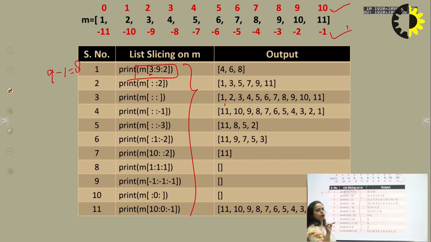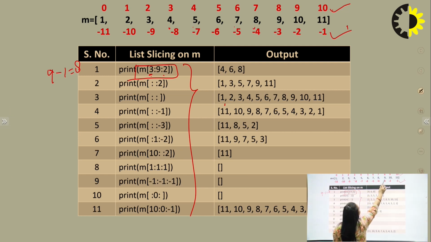We have to stop at 8, so this will work from 3 to 8, taking a jump of 2. That means skip one element and jump to the next element. So the first element will be at index 3, which is 4, then a jump of 2, the next element will be 6, jump of 2, the next element will be 8, and now we have to stop at 8.